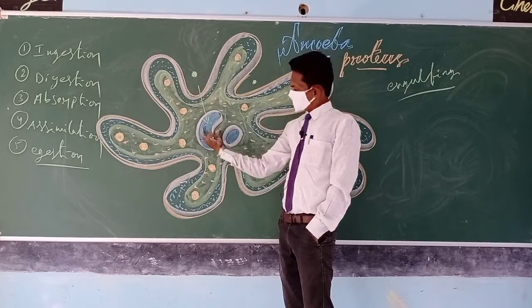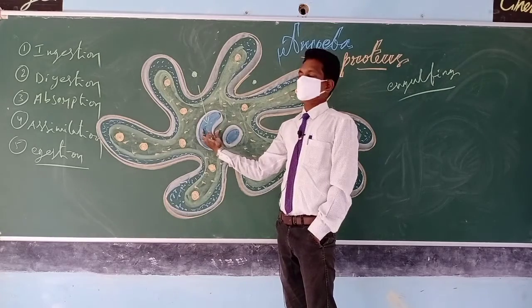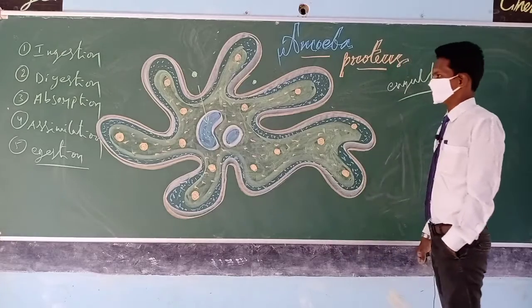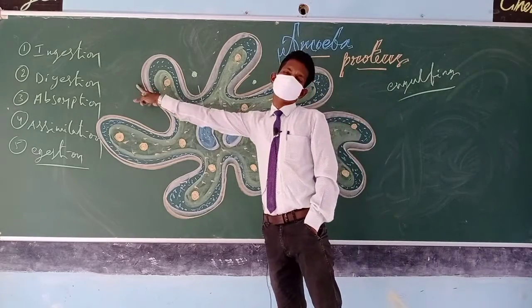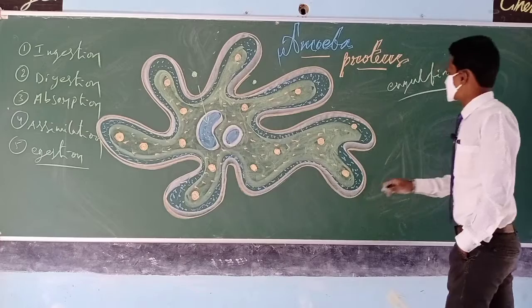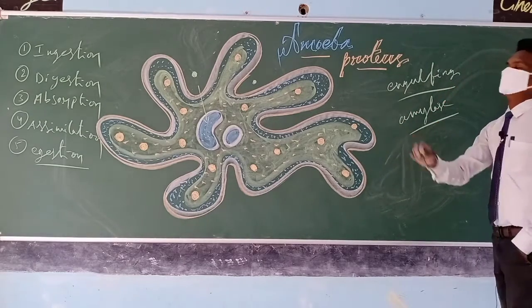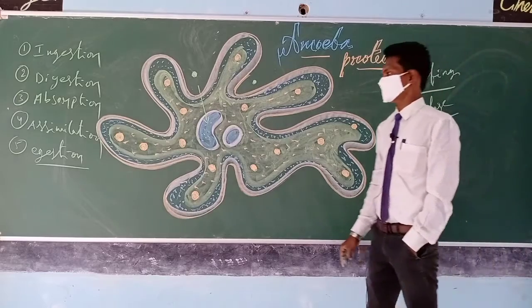Then in the food vacuole, the complex particle is broken down into simple particles, that is known as digestion. Here a special enzyme, amylase, participates in the digestion process of amoeba.